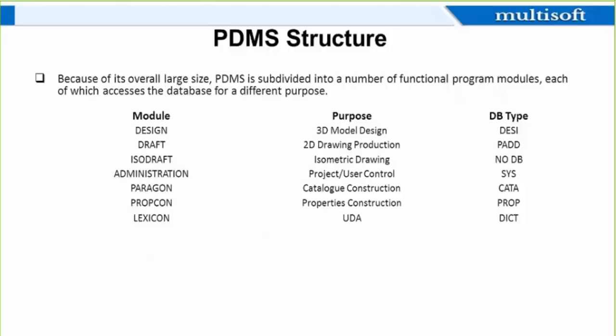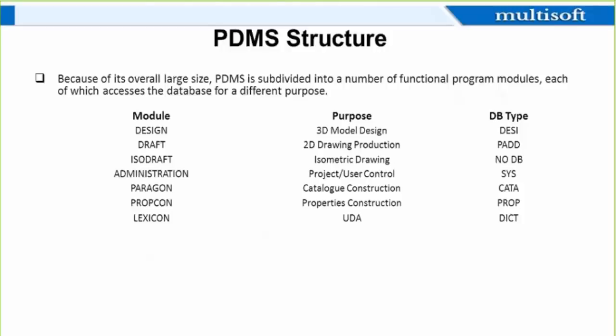Now all these modules, design, draft, isodraft, administration, they have some databases associated with them. So whatever work we do in these modules will be saved in the respective databases. Like for design, the database type is DESI. For draft, the data is stored in a PADD type database.